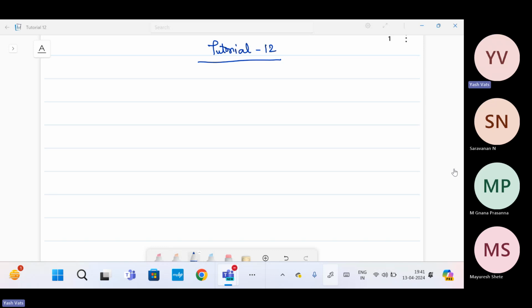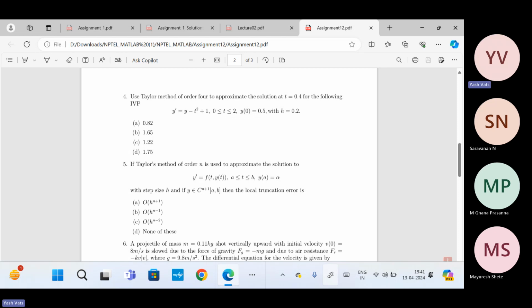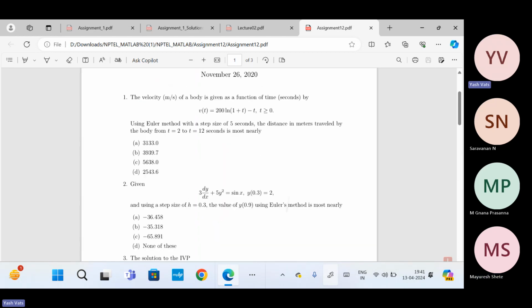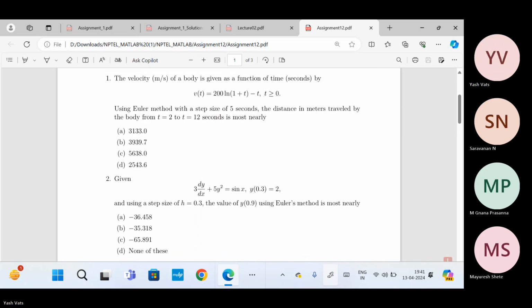Yeah, I just share. Okay. So we have to study now some methods to solve the differential equations. So this is the last tutorial class I'm taking, so just understand carefully. I just pasted that question.